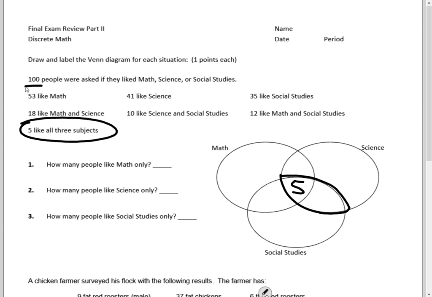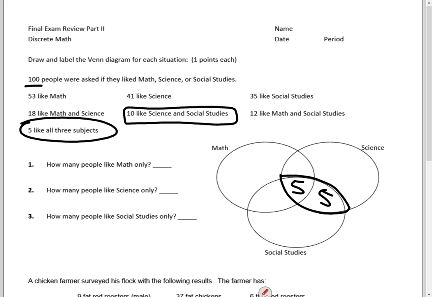Science and social studies. You don't write 10 right here. You already have 5 in there, so how many more do we need? Does that make sense? You want the entire intersection to total 10, but you already have 5 in there. You don't want to double count those people.